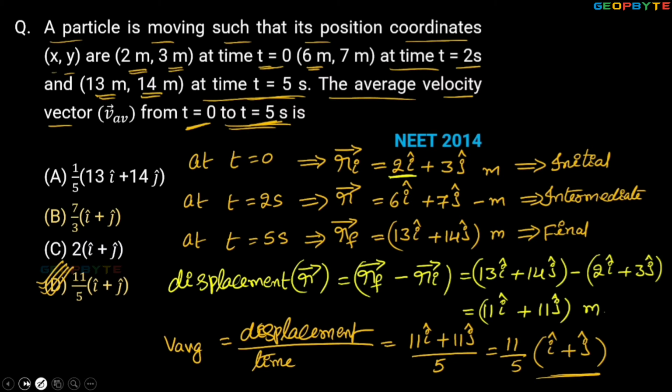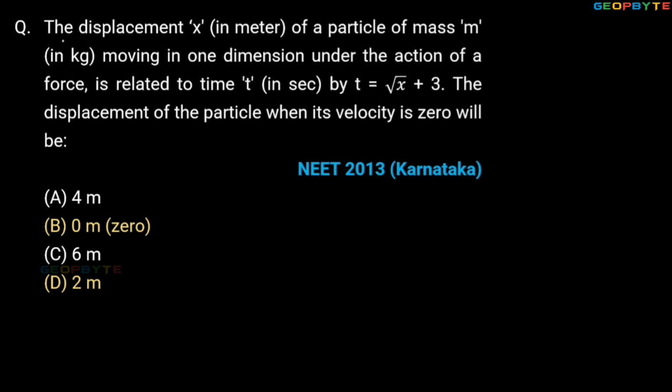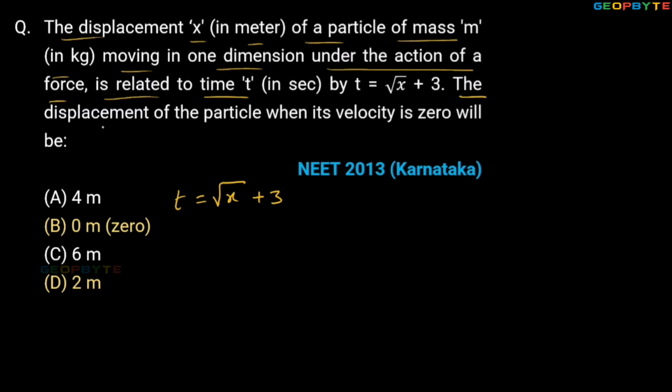Similarly, let us take another important question. The displacement x in meters of a particle of mass m in kg moving in one dimension under the action of a force is related to time t. The time t is given in terms of x as root x plus 3. What is the displacement of the particle when velocity is 0?